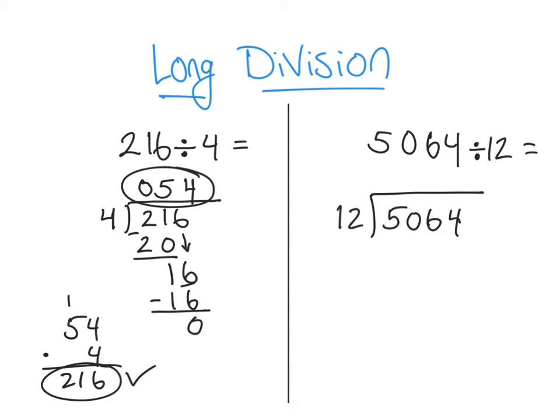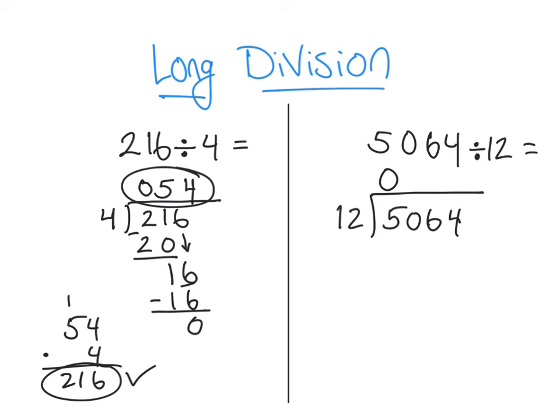We'll make this work. So first step, I ask myself, how many times does 12 go into 5? Well, it doesn't go in a whole number of times. So I'm going to put a 0 above the 5. 12 does, however, go into 50, which is what I'm looking at as I look at the first two numbers in my dividend.